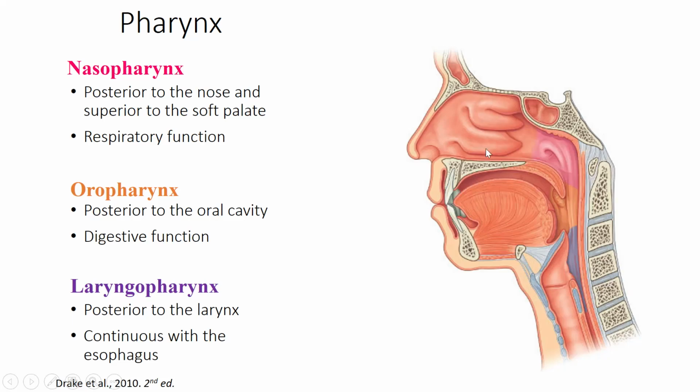So remember how the oral cavity is communicated posteriorly: when the bolus comes here, the epiglottis will close here and the bolus will go over into the oropharynx and then laryngopharynx and then esophagus, whereas the air can come and then pass here into the larynx and then trachea and then lungs.